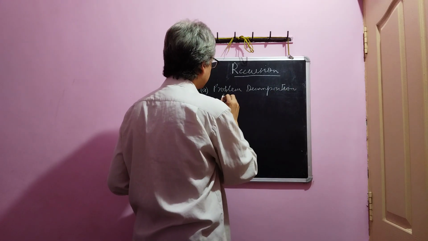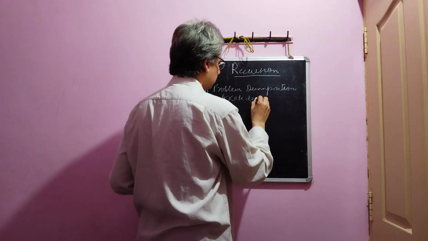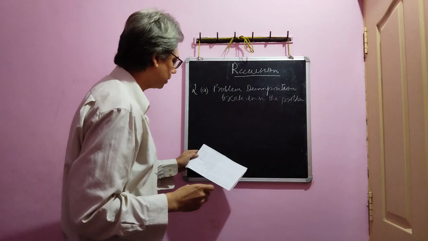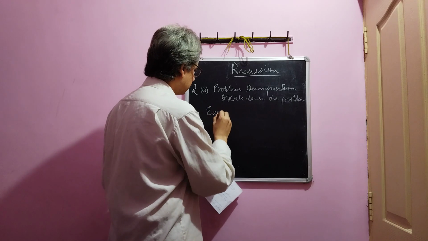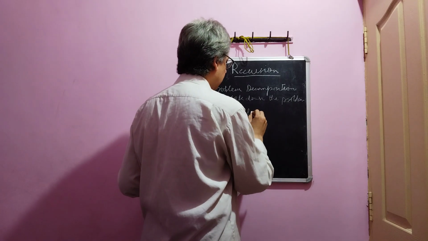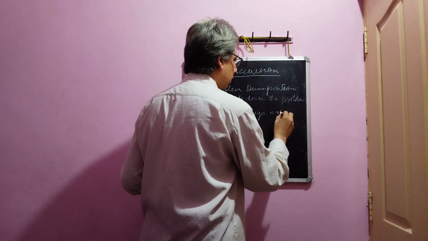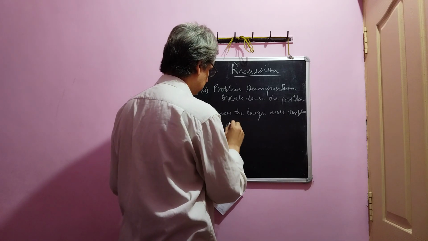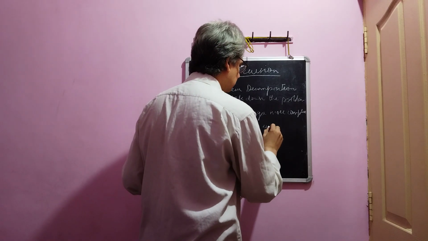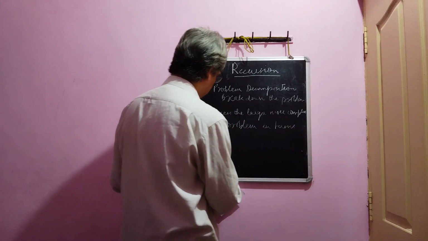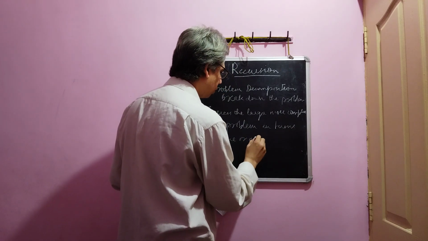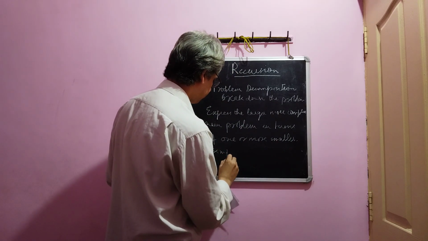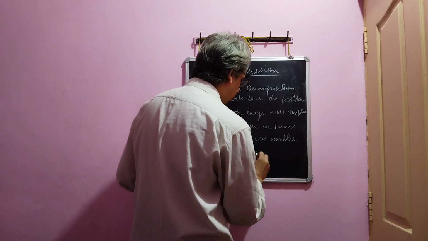Part A of step 2 is break down the problem, which basically means express the larger, more complex main problem in terms of one or more smaller, simpler, similar or related subproblems.